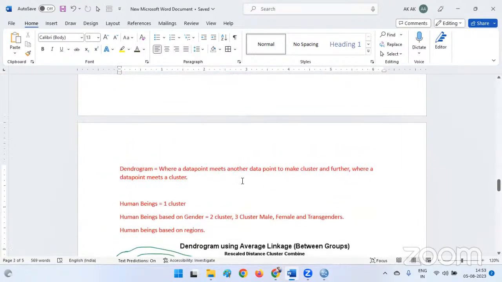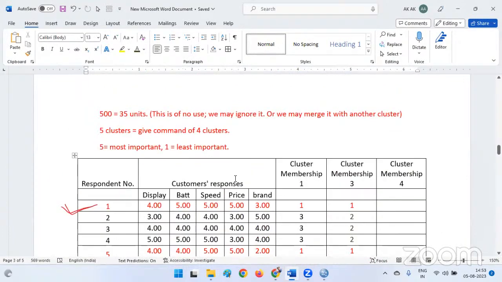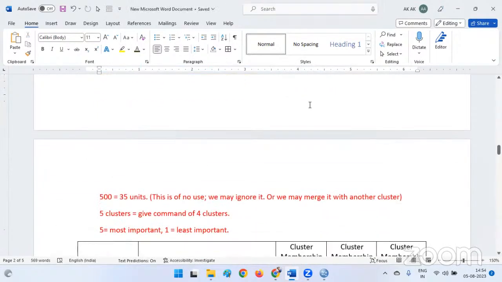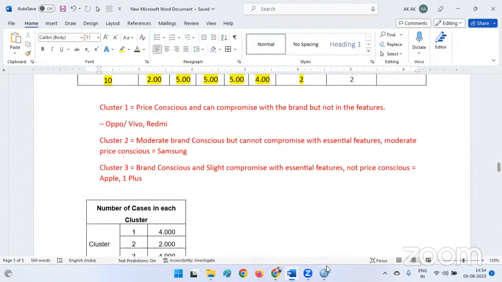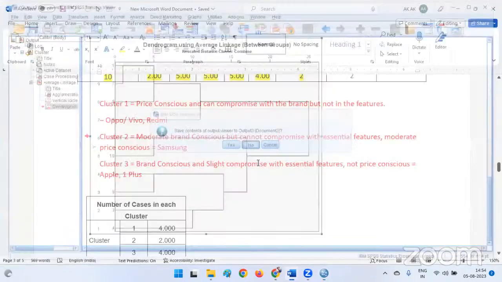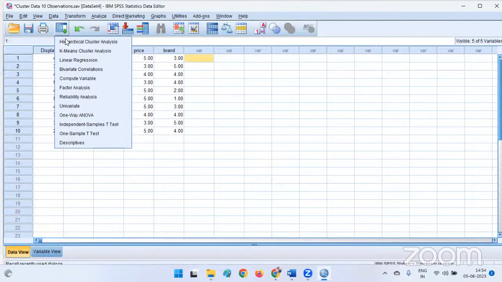At least one question we will answer, which I wrote here: how to check the difference between the clusters, how to check whether the difference is significant or not. So let me make two clusters. I'm removing this result now. Let's make two clusters and try to find out whether there is a difference or not.